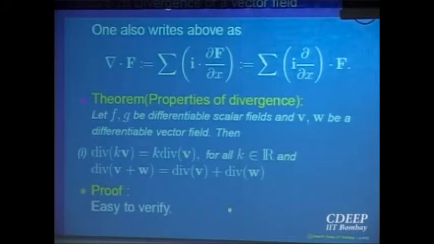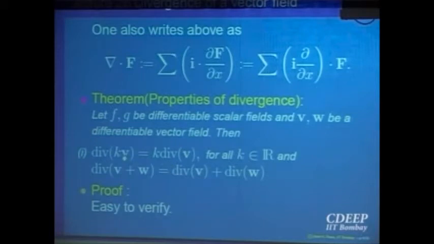And the proof is easy, these two statements are easy to prove, because for v, if you take the components v1, v2, v3, then divergence of k times v is, we are going to look at the partial derivative of the first component, that is k v1 with respect to x. So k will come out. Similarly, when you take the second term, that is the partial derivative of k v2 with respect to y, k comes out, because there is only the differentiation of one variable at a time being taken.